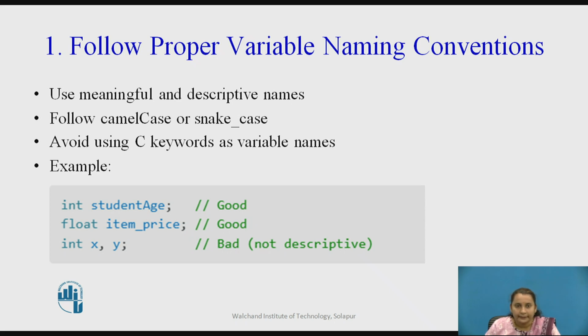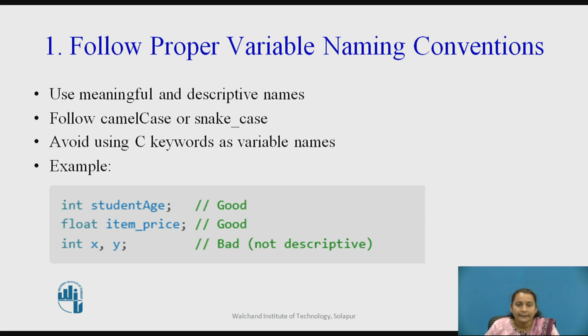We have to write it continuously without space, but the first word is all in small letters, and in the second word the first letter is capital, which differentiates that the second word starts from that capital letter. Here you can see studentAge in camel case: in the second word age, its first letter A is capital, so immediately we know it is the student's age.